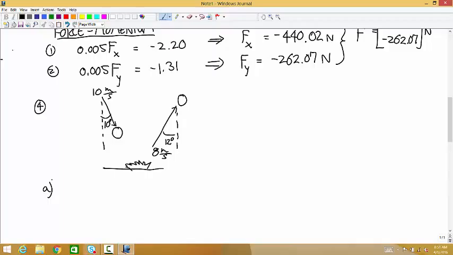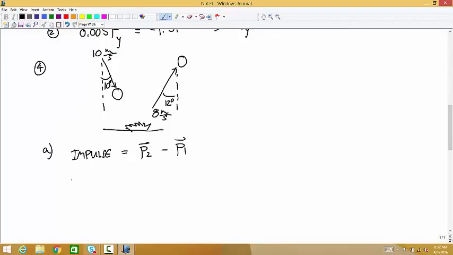Okay, so the first thing we have to do is figure out the change in momentum, because the impulse is going to be equal to the change in momentum. At instant 1, the velocity vector is 10 meters per second times, what's the angle I need to use there? Negative 80 will work, or positive 280.